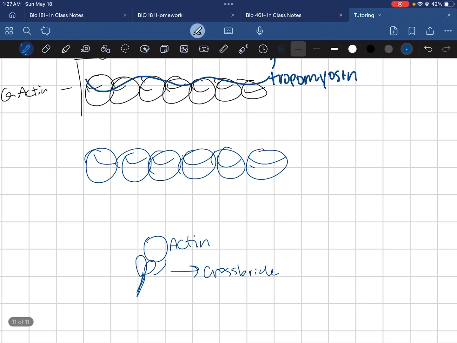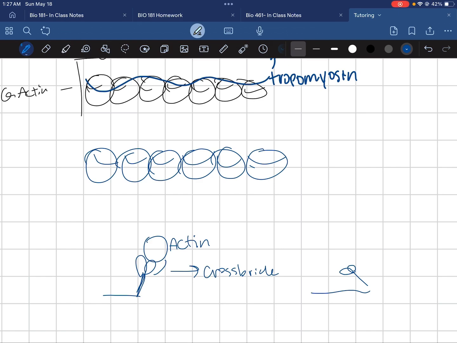And then in its relaxed state, this is when it is cross bridge, and then when it's in its relaxed state, it looks like this.